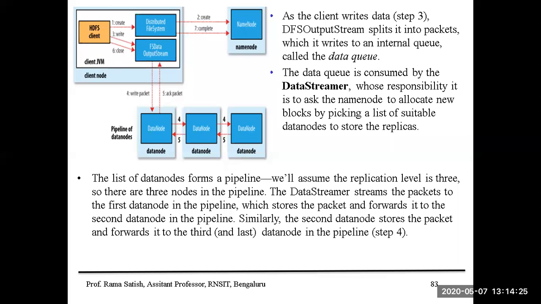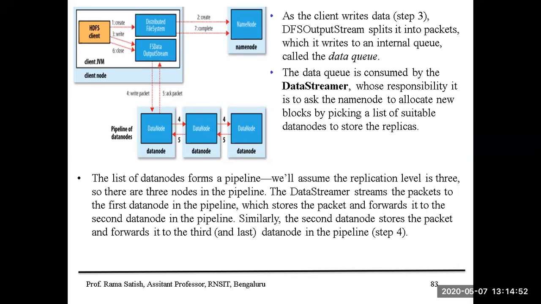The first block is written, and the next block is written into the next data node, and the next block into the next data node. It's just like a pipe. For each block there is a data node, and for the next block there is the next data node. So it creates a pipeline.